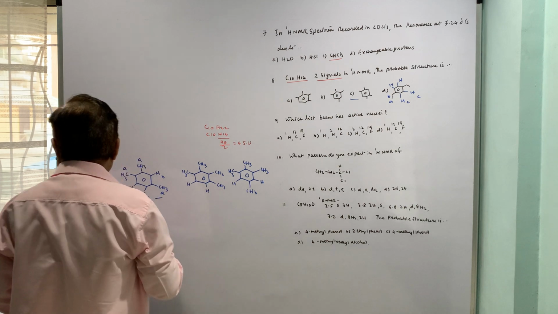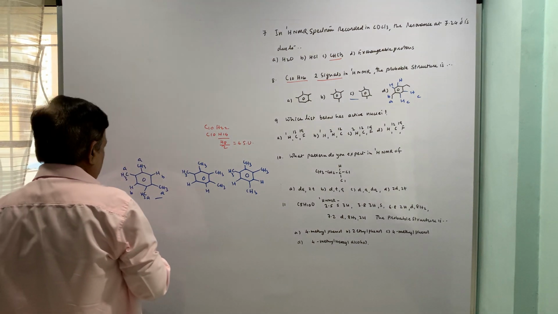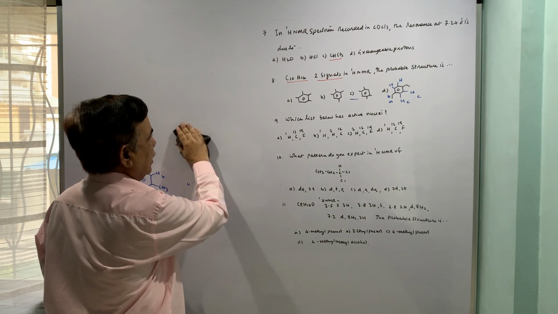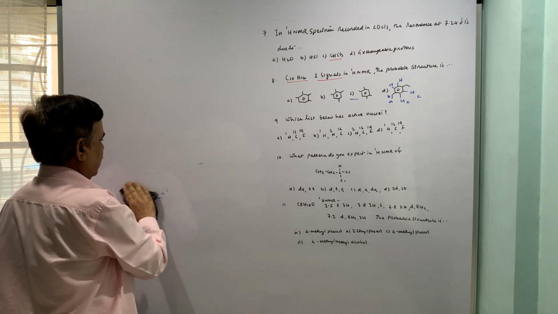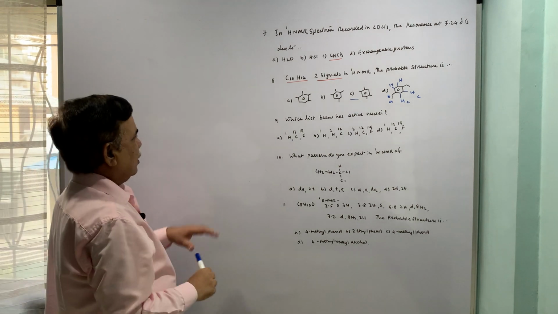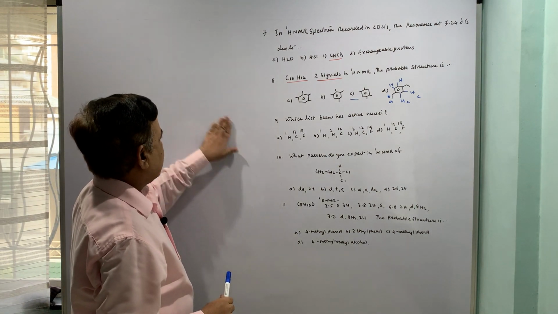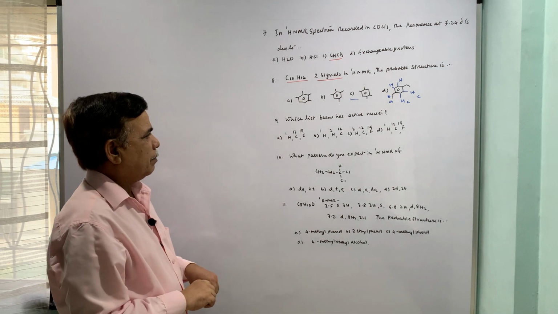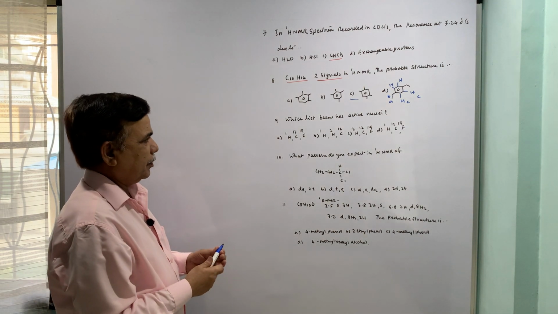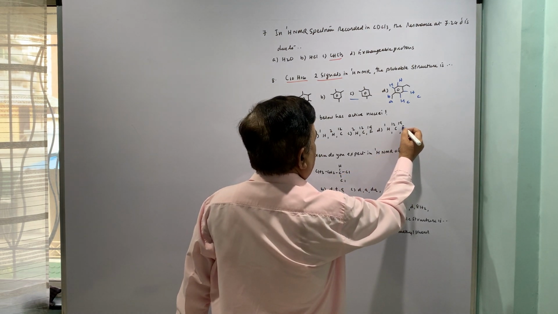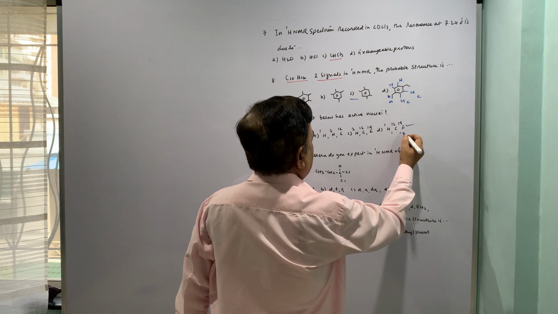Now the next example: which list has all active nuclei, active in the sense of magnetically active nuclei. So, let us start with D. Fluorine 19 is active, yes.